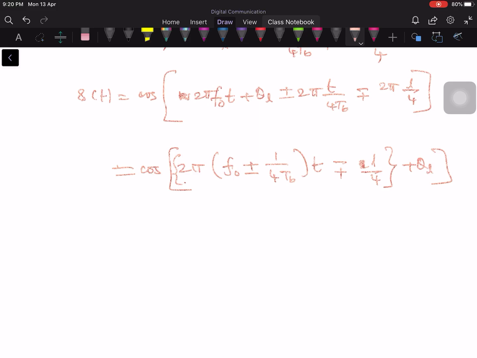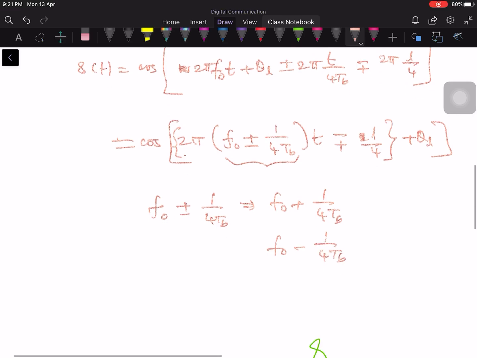Now look here. I already appreciated the fact that this is f naught plus or minus 1 over 4 TB. So what is this? I can write plus or minus 1 by 4 TB as f naught plus 1 by 4 TB, and f naught minus 1 by 4 TB.